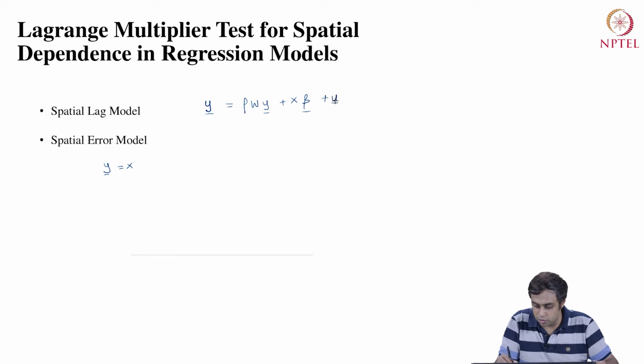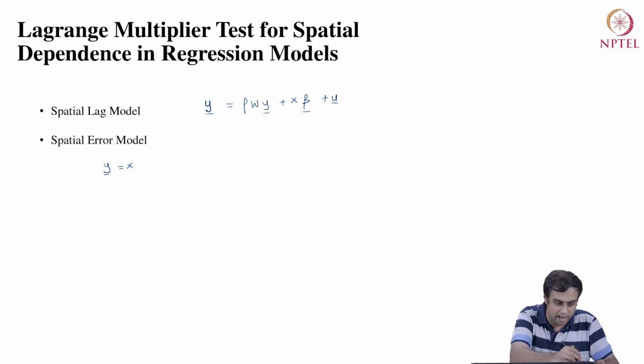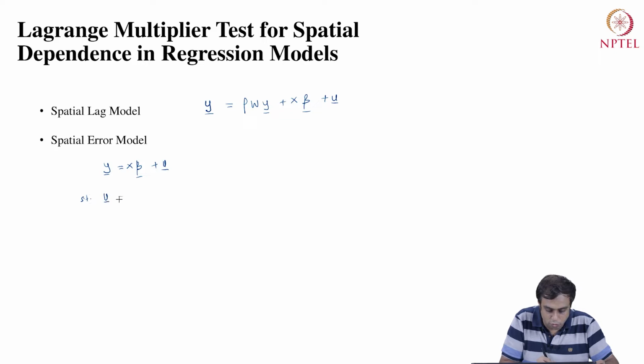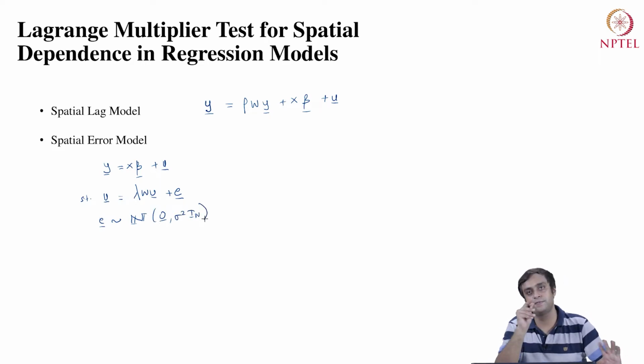In the spatial error model, I'll have y equals x beta plus u, such that u is equal to lambda Wu plus e, where e is multivariate normal with zero mean and a homoscedastic variance covariance structure. So we've seen these things in detail by now.